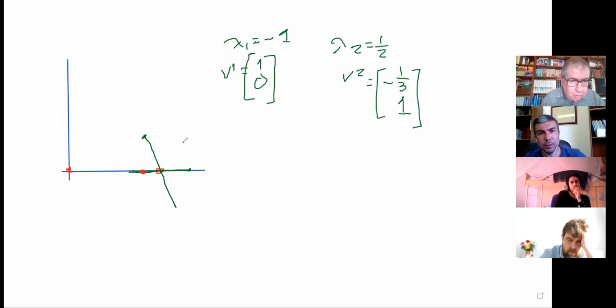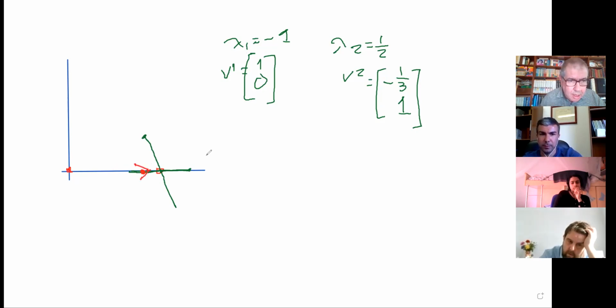Where do I go? Up, down, to the left, to the right? You will probably go to the right. Why? Because it is minus, as you mentioned. The lambda is negative, and I'm aligned with the eigenvector.